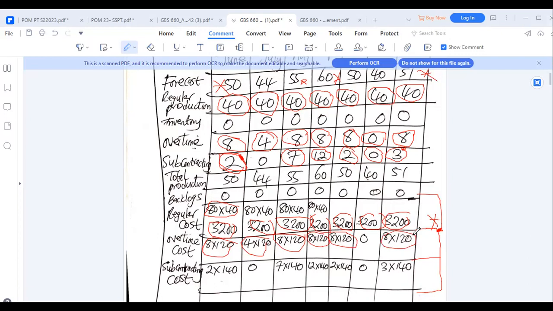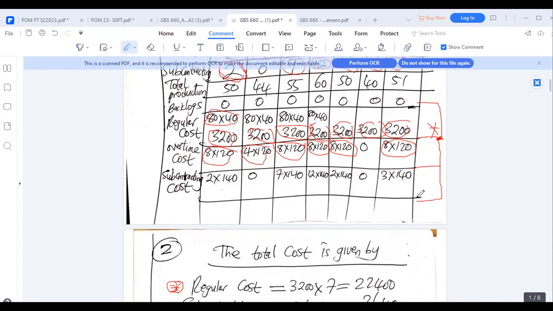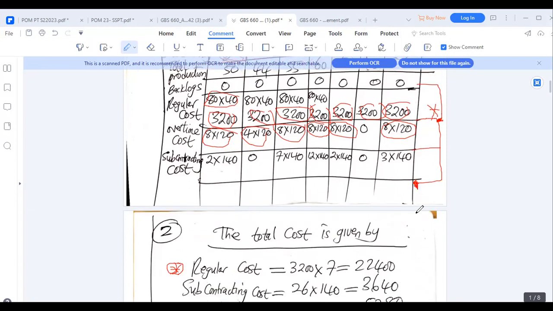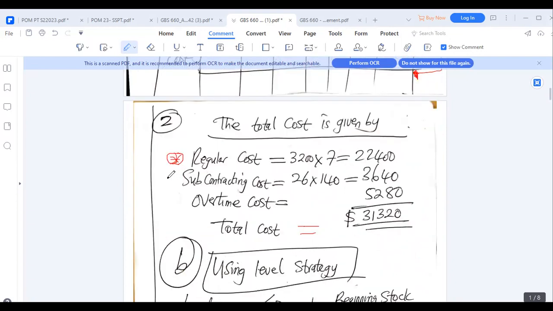Then we add that one. Then for subcontracting we have that cost of subcontracting. So this is the way we have the subcontracting cost, the overtime, and the regular cost, giving us the total cost of 31,320. This is the total cost of the first plan that we have.